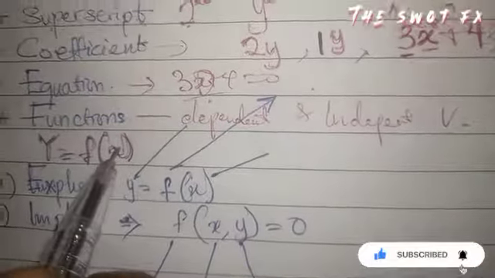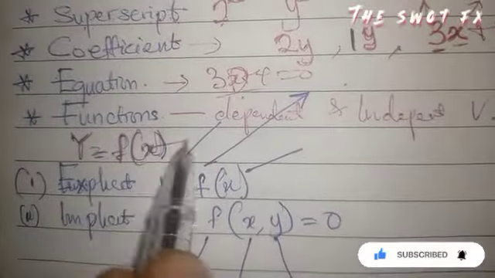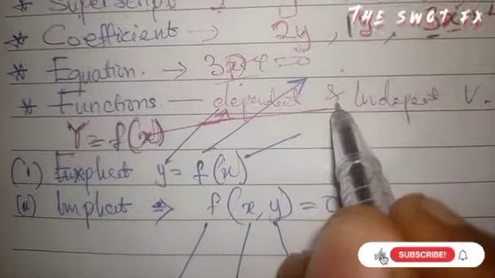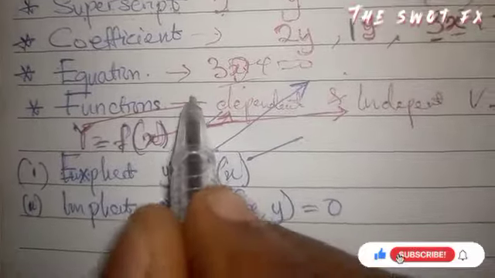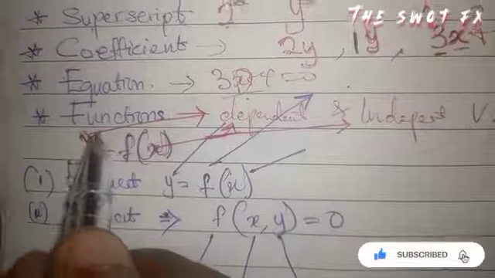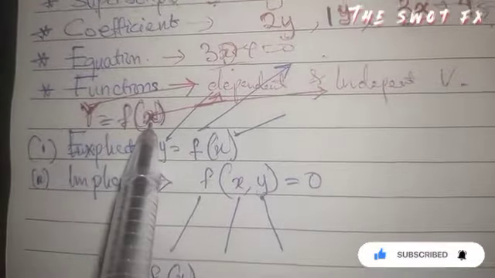Now here in this equation, x is an independent variable, then y is a dependent variable. Do you get it now? Meaning that y is dependent on x.